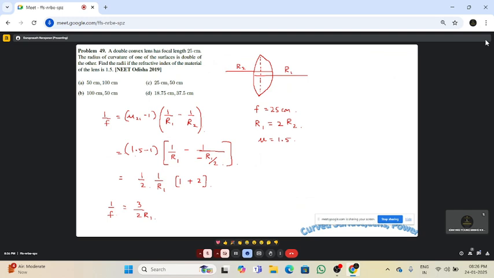Focal length is given as 25 centimeters, so that means this is 25. So that means 2 comes here, so this will be 75 by 2, which means it will be 37.5, is that right?